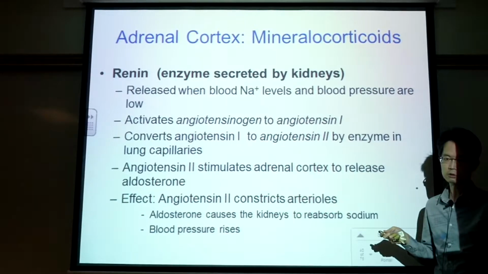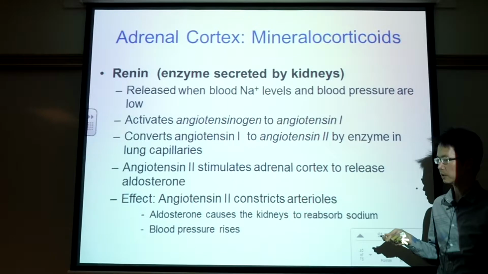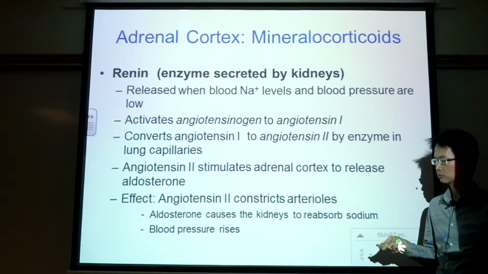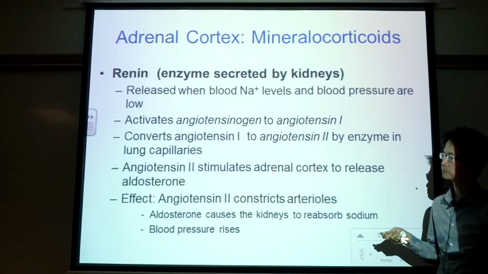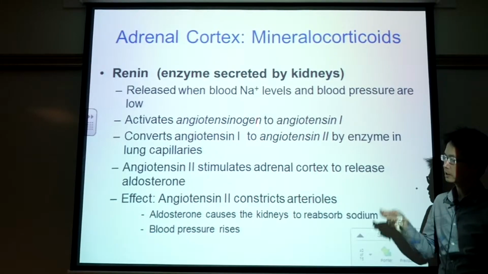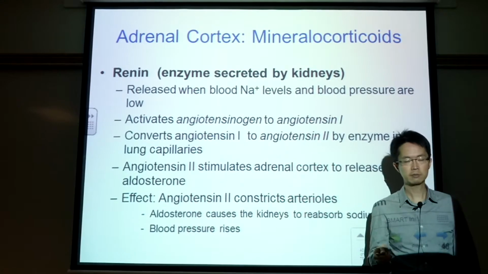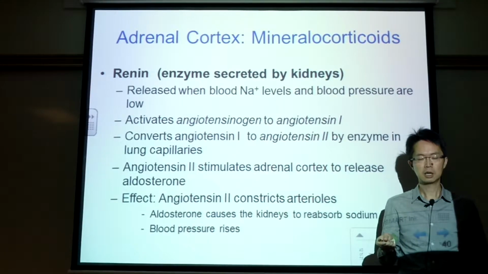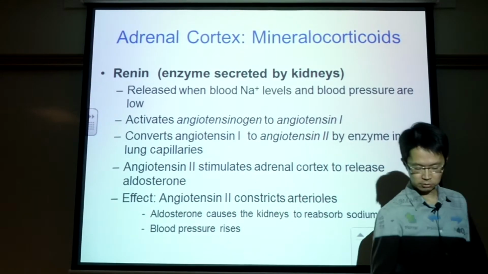Then water follows. Water will go into the blood as well. In this case, we will increase the blood volume and increase the blood pressure. So here, it is just a review of the RAA pathway that we talked about last time in the urinary system.